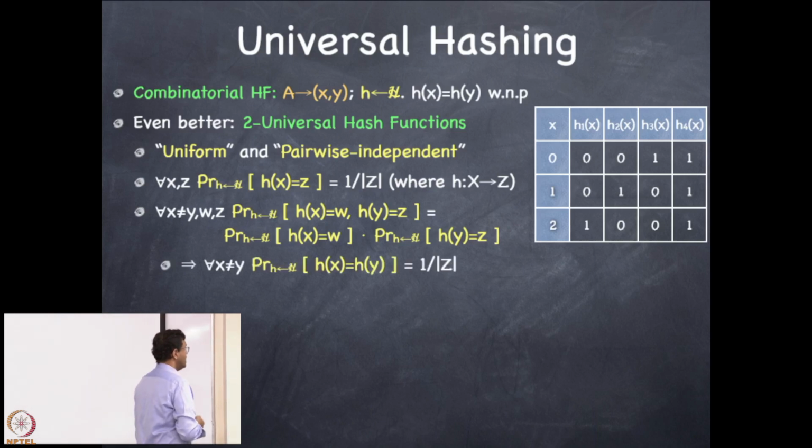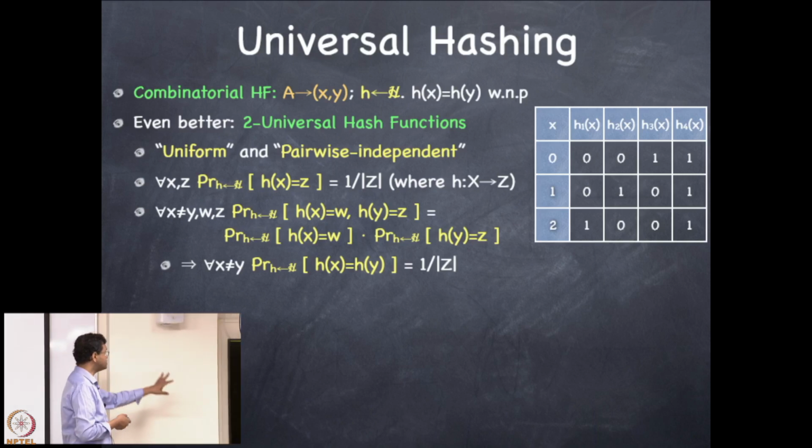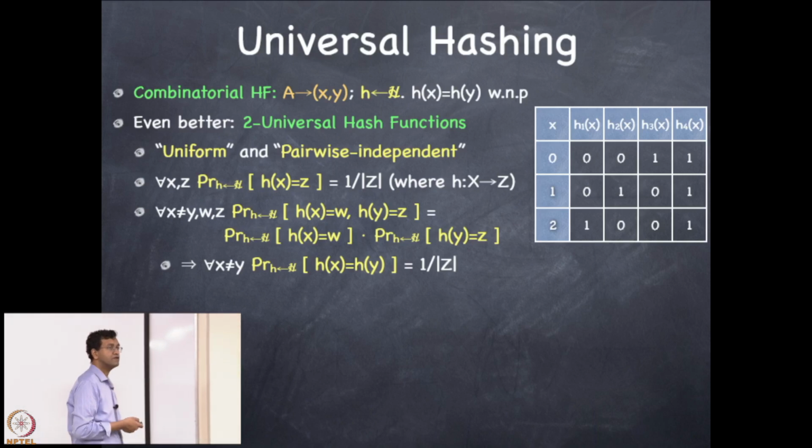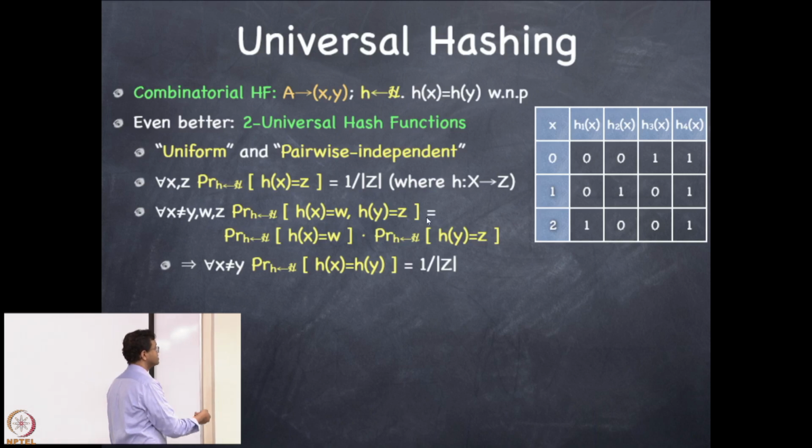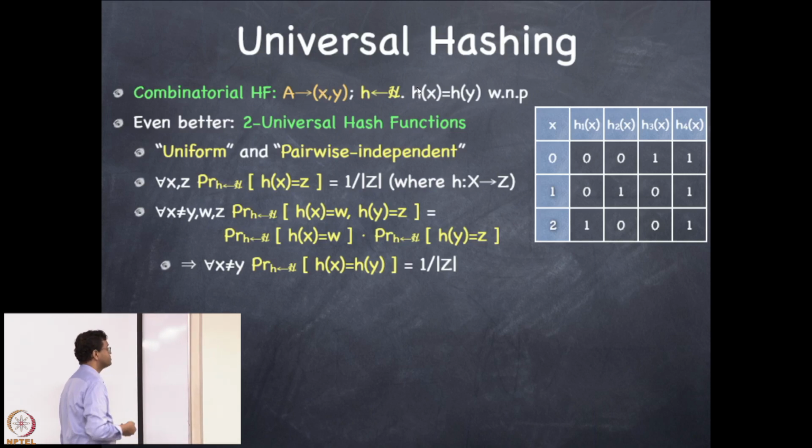With these 2 properties, we can calculate the collision probability, or the success probability of the adversary in this experiment, no matter what x and y the adversary gives, as long as they are two distinct inputs. So for all x not equal to y, we can compute the probability of the collision happening. Well, what is that probability?